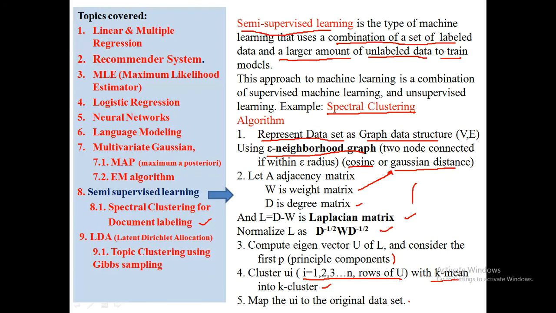In each cluster, some of the data is originally labeled and the majority is unlabeled. So all the unlabeled data is given the majority label available in that cluster. That is the way we label documents using spectral clustering.